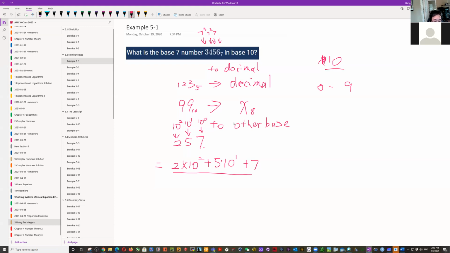That's why we have special names like hundred or thousand for 10 squared and 10 cubed. But for other number systems, the principle is the same.